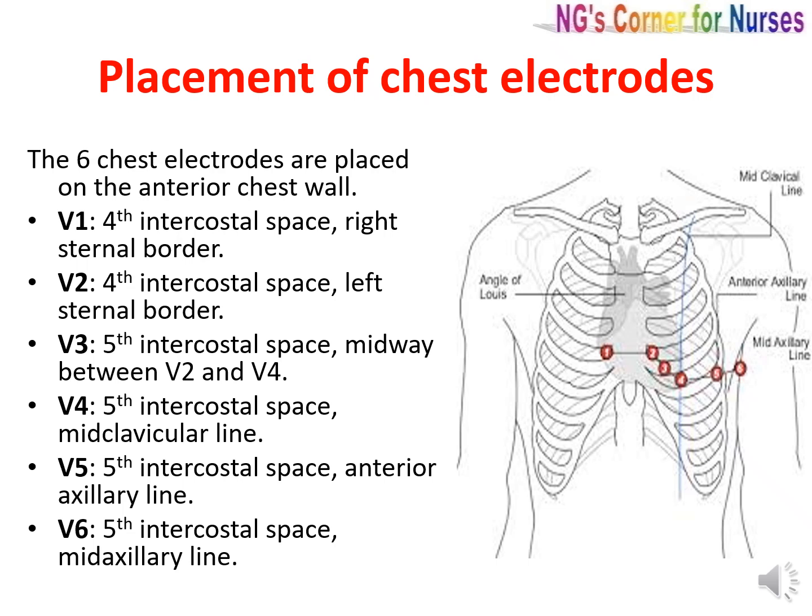And next, we will place V3, the 5th intercostal space, midway between V2 and V4. Next, coming to V5, 5th intercostal space, anterior axillary line, and V6 on the 5th intercostal space, mid-axillary line.